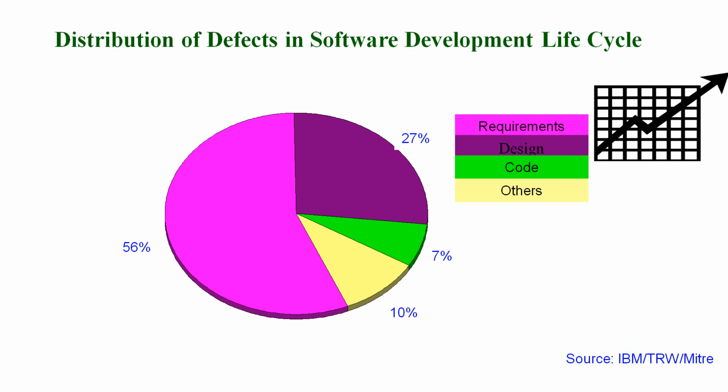Now, in these requirement documents, if 56% of the defects are present, then who is responsible to find these defects?